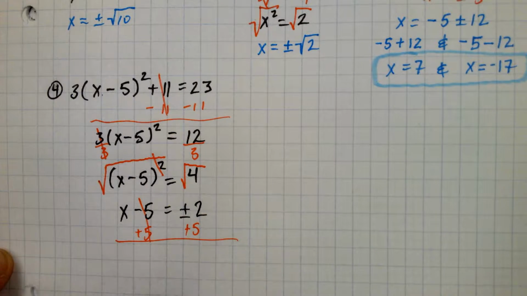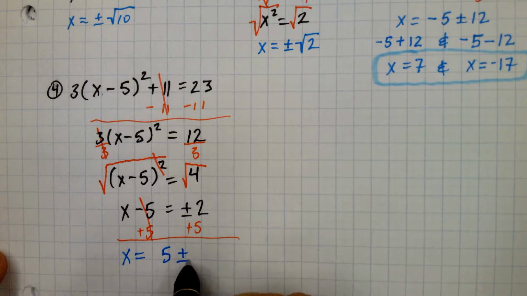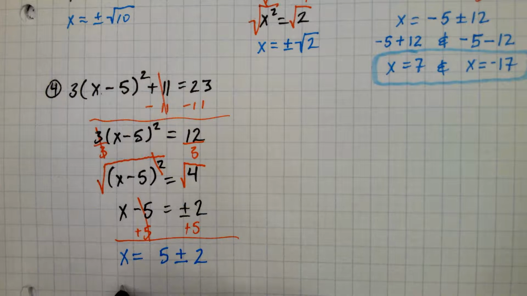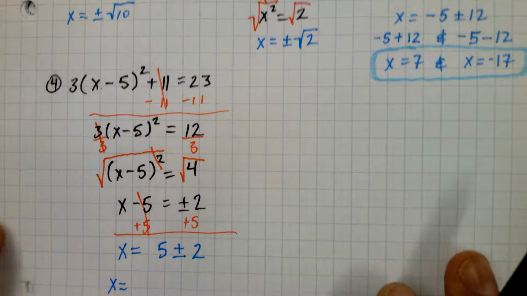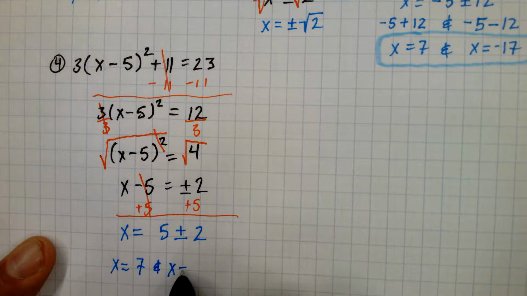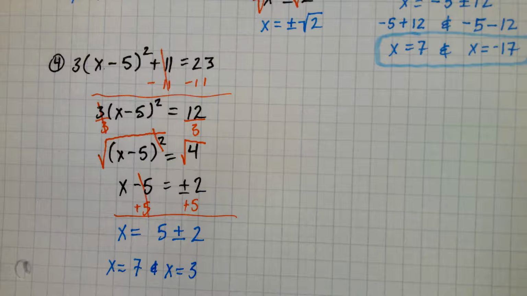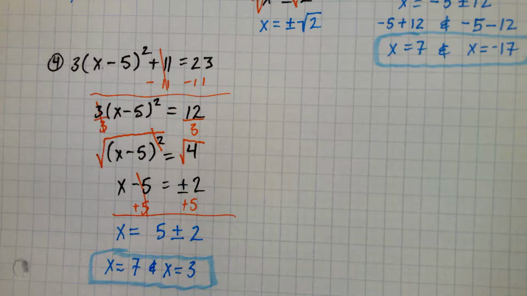And we get x equals 5 plus or minus 2. So we get two answers. X equals 5 plus 2, so I get 7. And I get x equals 5 minus 2, which is 3. Okay? All right. Any questions?